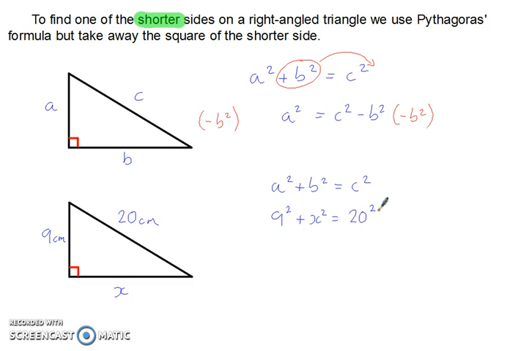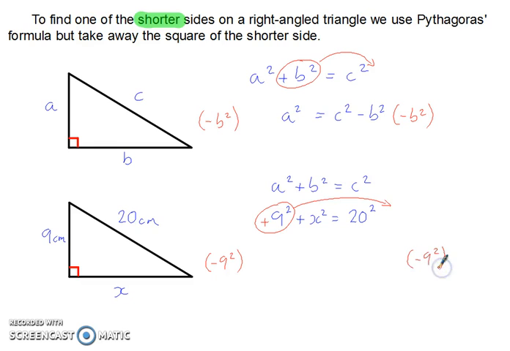Now then, if we want to get the X squared by itself, first of all, I'm going to remember that this 9 squared is a plus 9 squared. I'm going to grab it and bring it over to the other side of the equals. If we take that over to the other side of the equals, the plus becomes a minus. We have to take away 9 squared from both sides.